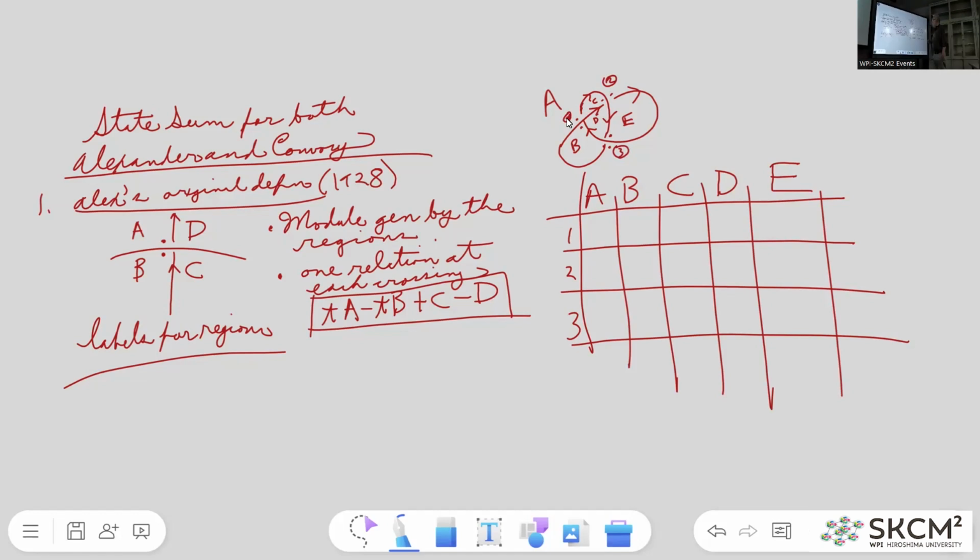So we can just read this off, right? We have tA minus tB plus D minus C. That's for crossing one.